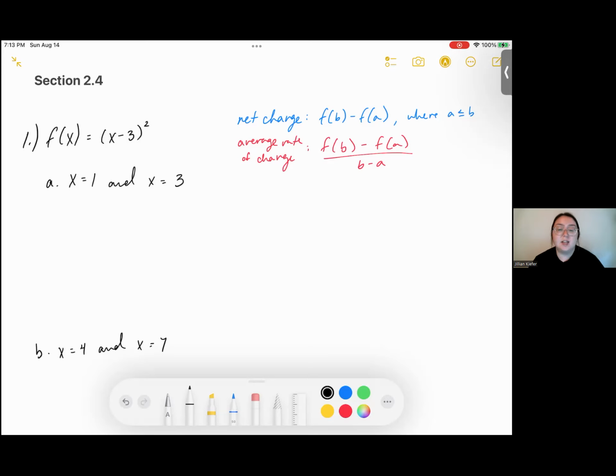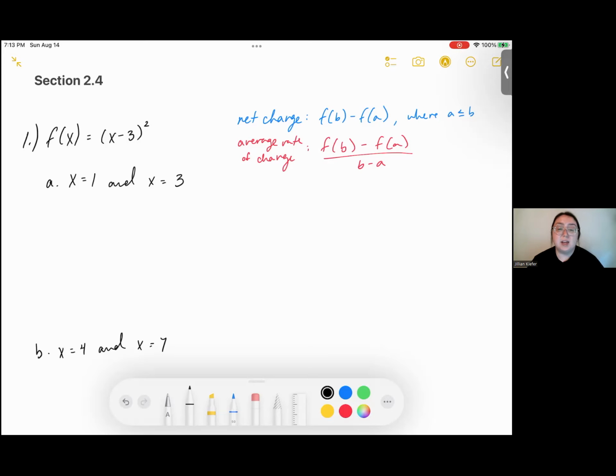For average rate of change, it doesn't matter. A can be less than or greater than b. Either way, just remember you have to keep it in the same formula. It doesn't matter what x values you pick for the average rate of change, as long as the formula stays the same. But for net change, a has to be less than or equal to b.